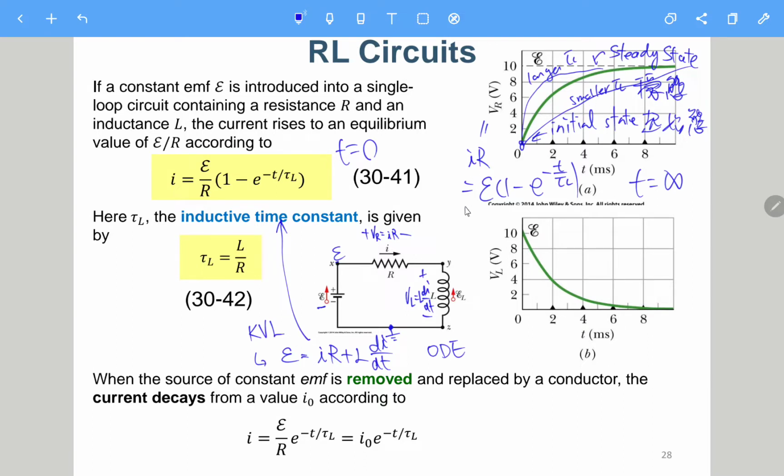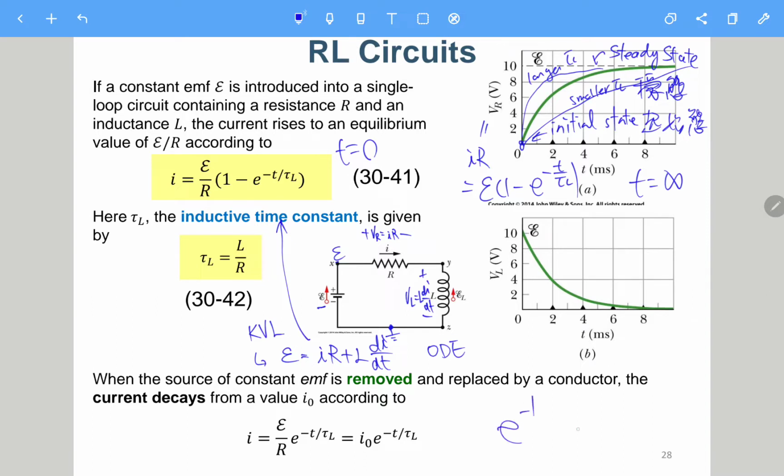Because you can simply imagine, if t is tau L, then t over tau L is 1, so it is e to the negative 1. E to the negative 1 is 0.3 something, 0.368, if I remember correctly.